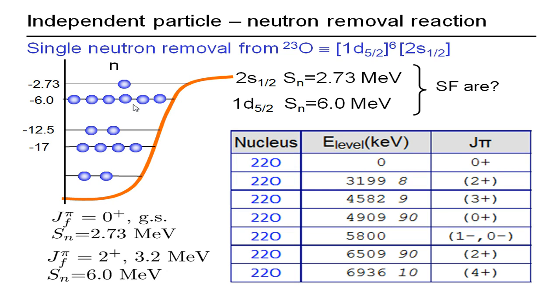Those values would give a state at 3.3 MeV, and there is a physical state at 3.2 MeV. All I'm trying to say is that if you look at what you know experimentally and what you deduce from theory, you get a consistent picture of what is going on here.